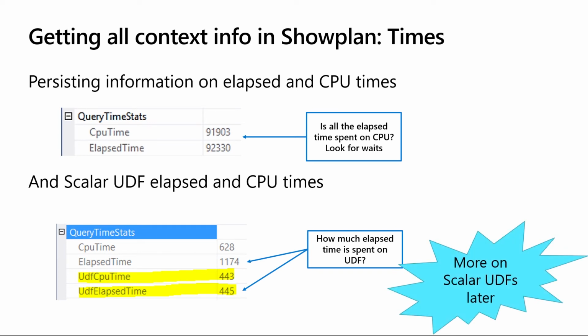We also have information in more recent versions about scalar UDF elapsed and CPU times. Scalar UDFs are very popular with developers because those are a means to create reusable code. But the problem is, when you are referencing UDFs in a query, you may be facing hidden costs that can be detrimental to performance.